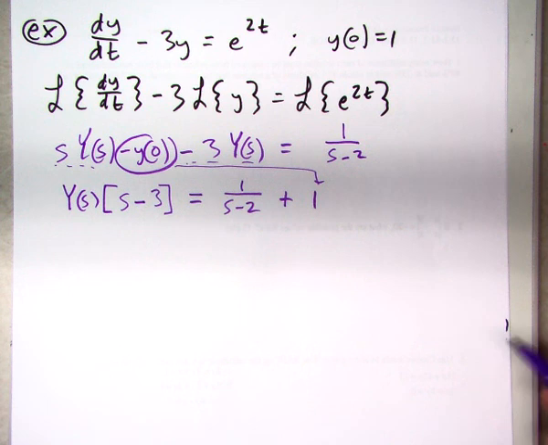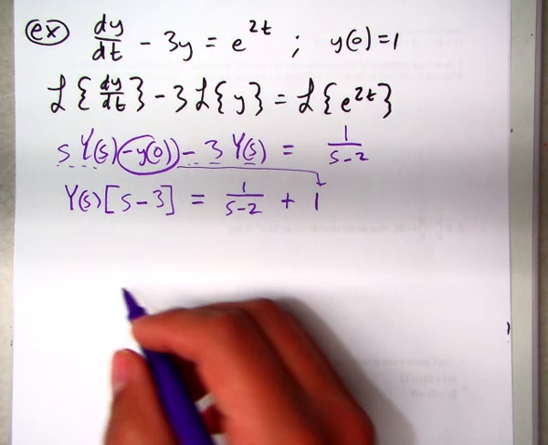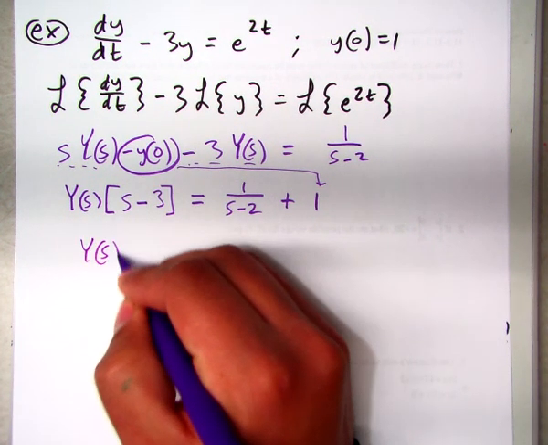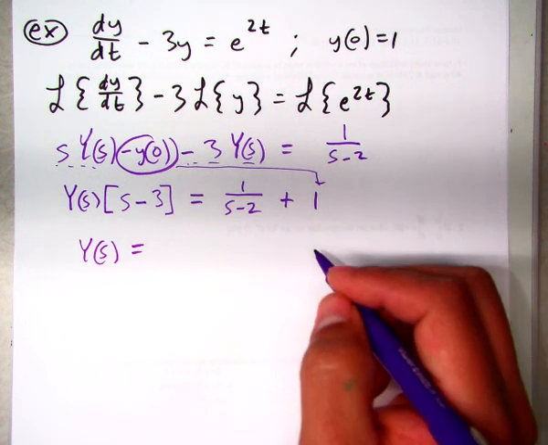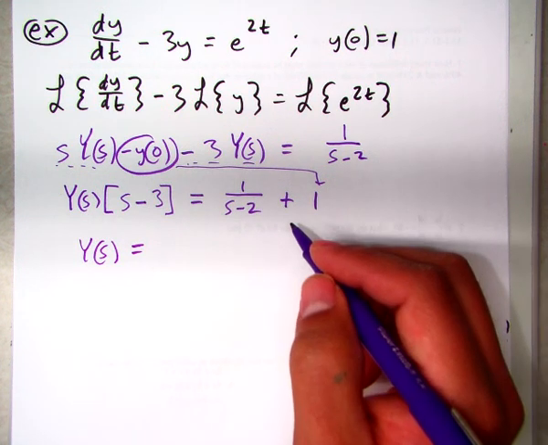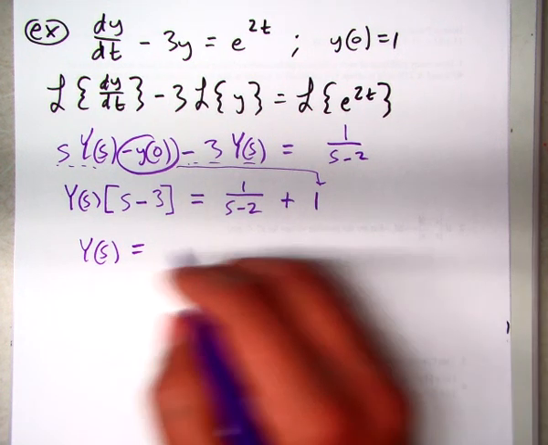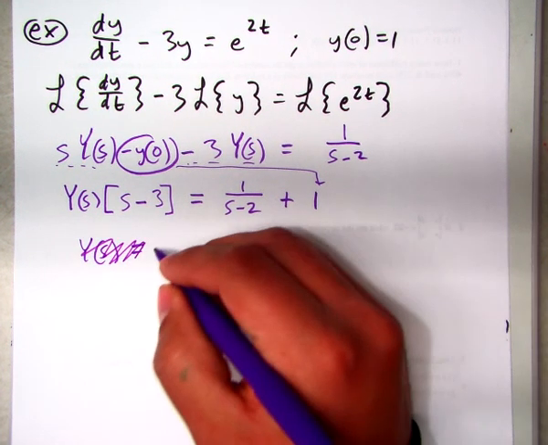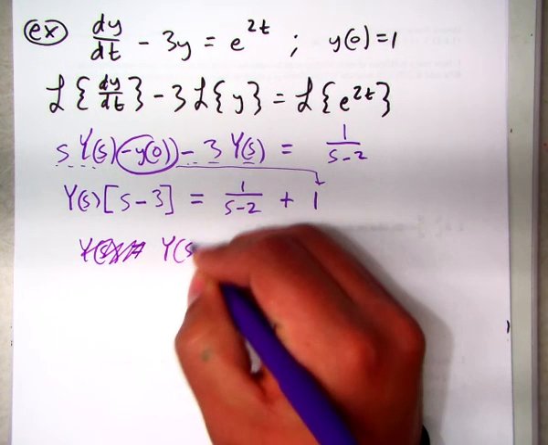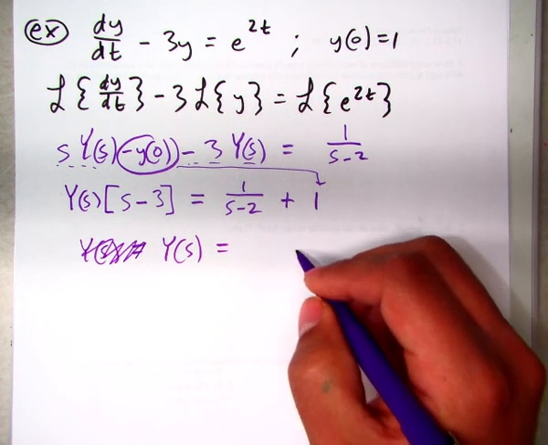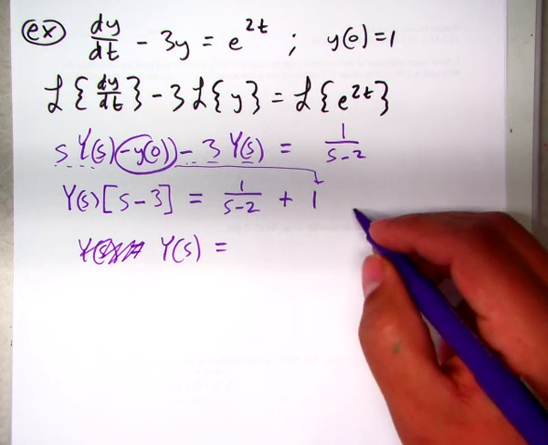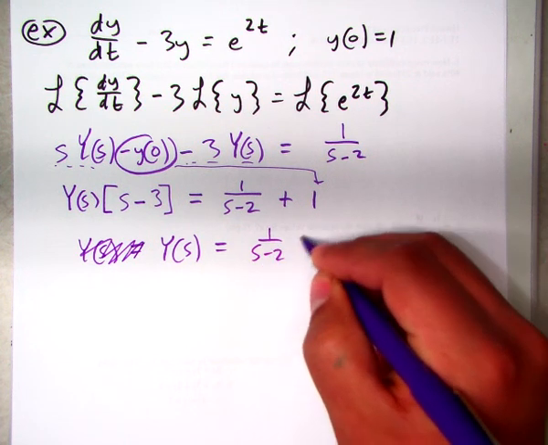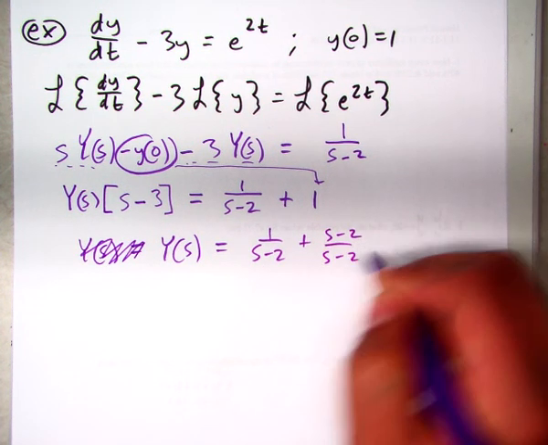So then now we just figure out what Y of s is going to look like, so divide by s minus 3. Actually, maybe why don't we combine the fraction first? That might make things a little easier. So this would be the same as 1 over s minus 2 plus s minus 2 over s minus 2.